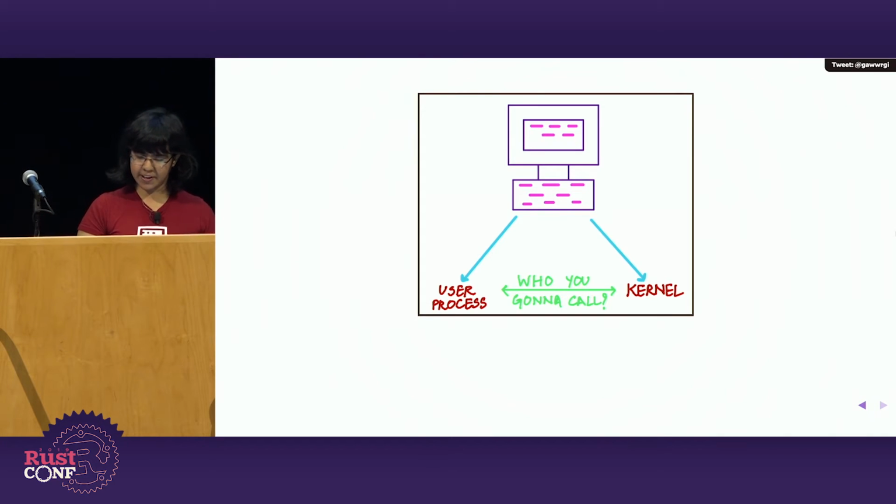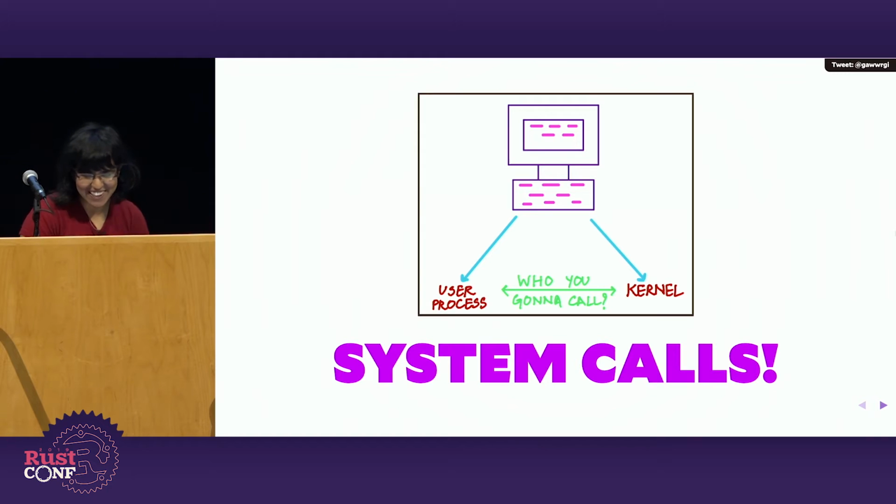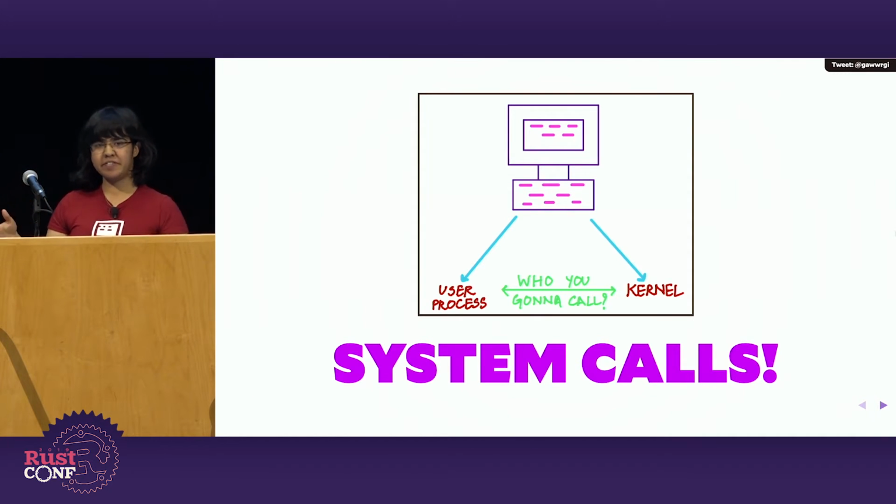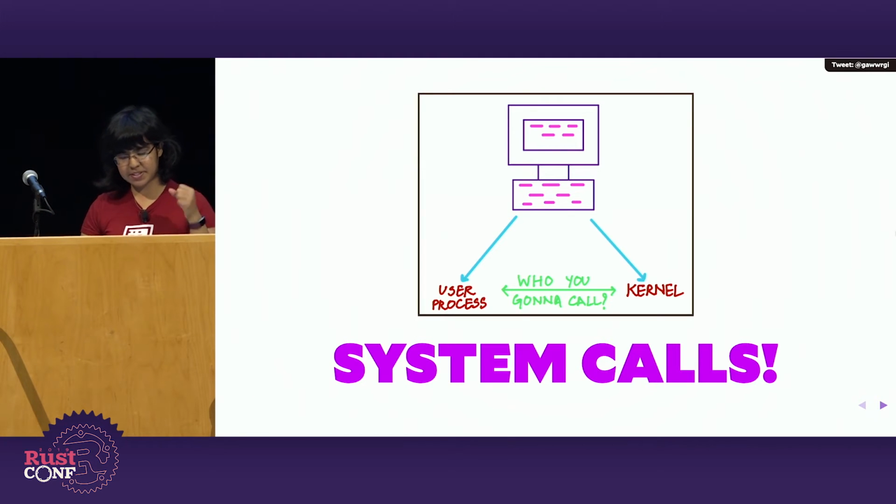So who are you going to call? System calls. You can think of system calls as an interface between your operating system and user program, or as an API that is given by the operating system for you to use.